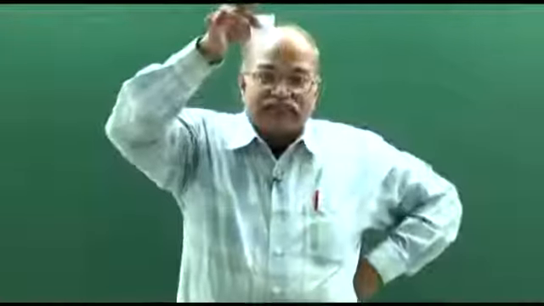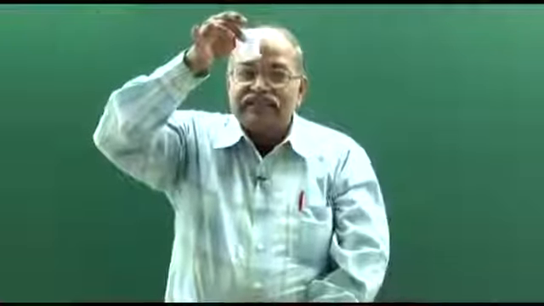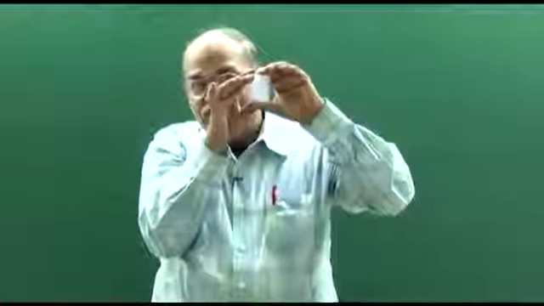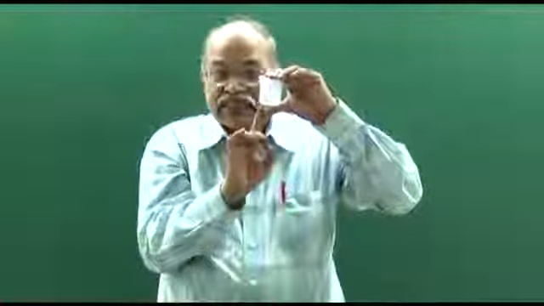Now, I will just drop it so that this box will start falling with an acceleration g downward. So, this will become non-inertial frame. So, with respect to that box, you will have to apply appropriate pseudo forces to discuss the motion of this ring magnet with respect to the box.